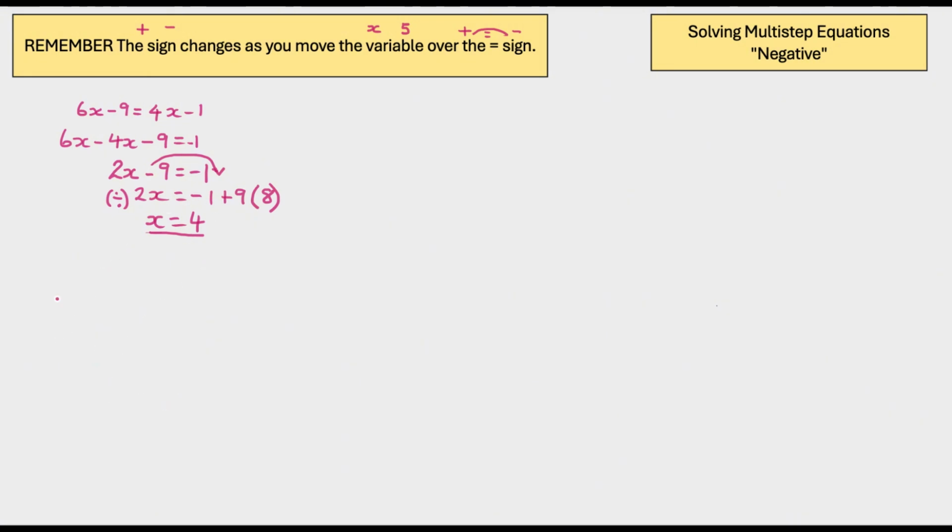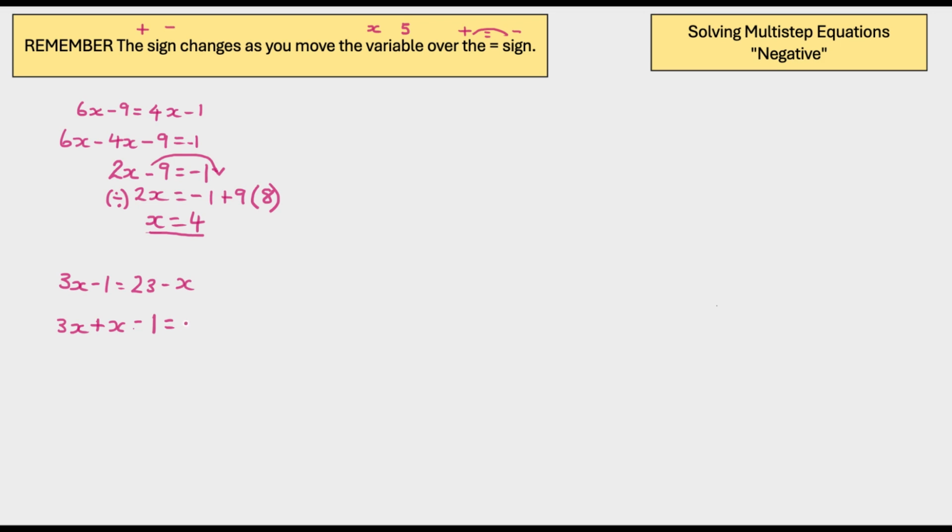Let's do another one. 3x minus 1 equals 23 minus x. So let's start with the x's again. So I've got 3x. I'm going to bring that over to my bigger x, and it's going to become a plus.